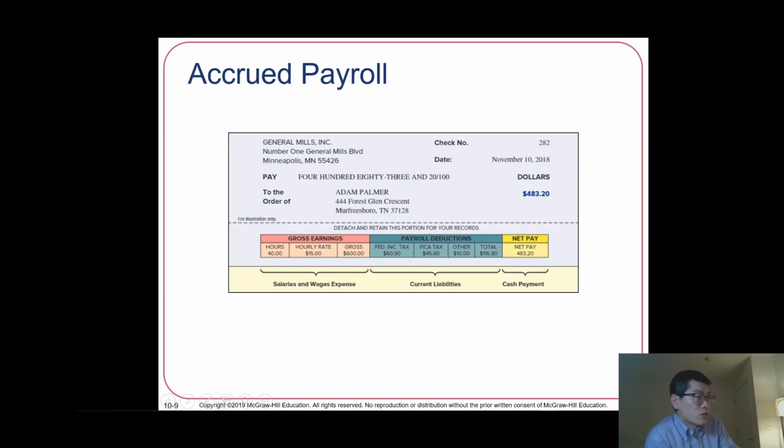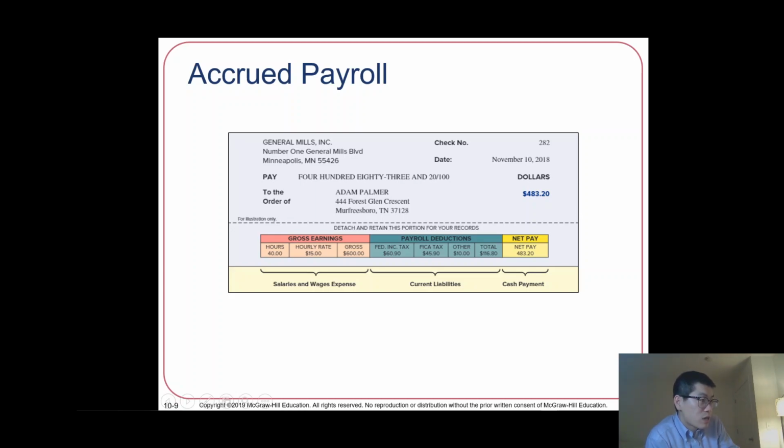And here is the breakdown of how much taxes you need to pay and how much in expenses you're going to have. Let's say gross earnings. In this case, the person worked 40 hours, and the hourly rate is $15 per hour. So in total, you earn a gross payment of $600.